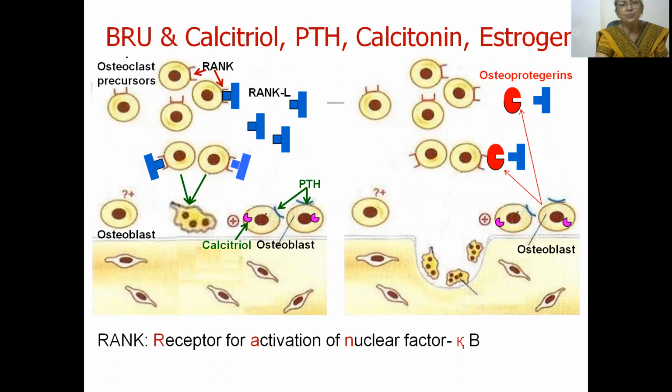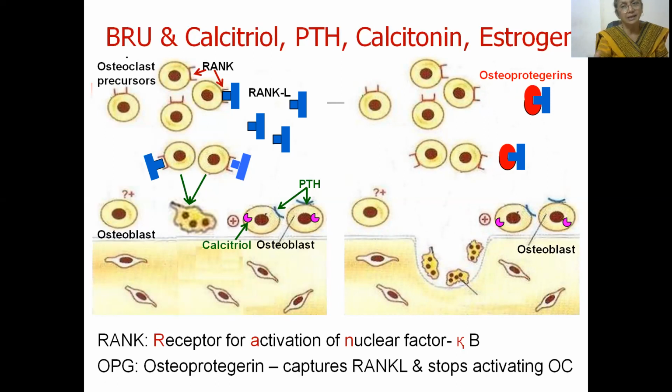These osteoprotegerin molecules can capture the ligands released by the same cells. The RANK ligands, which are still free and can still activate osteoclast precursors, are now captured and stopped from activating further osteoclasts. And so the digging process will be stopped.